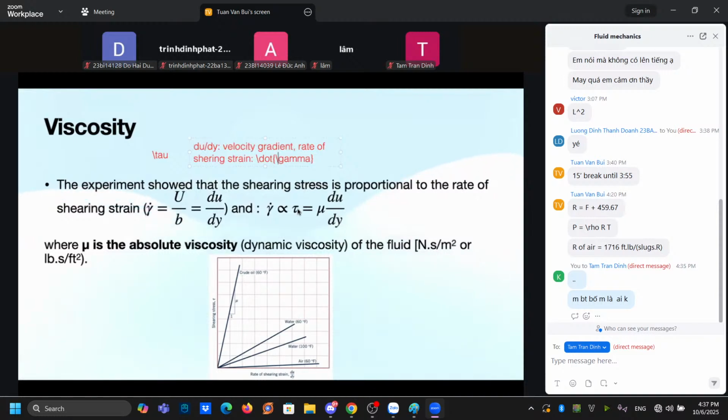Tau is the shearing stress developed in the material, and tau equals mu multiplied by du over dy, where mu is the absolute viscosity, also called the dynamic viscosity of the fluid, and it has the unit of newton second per meter squared. Okay.